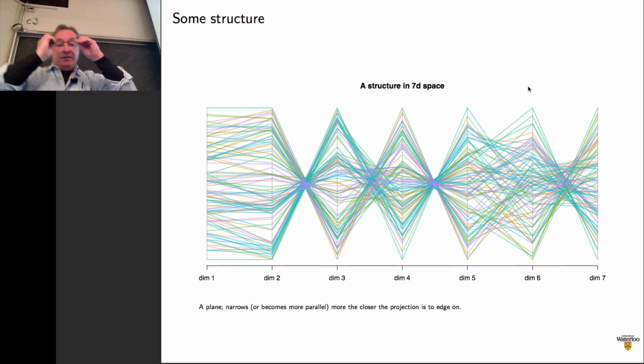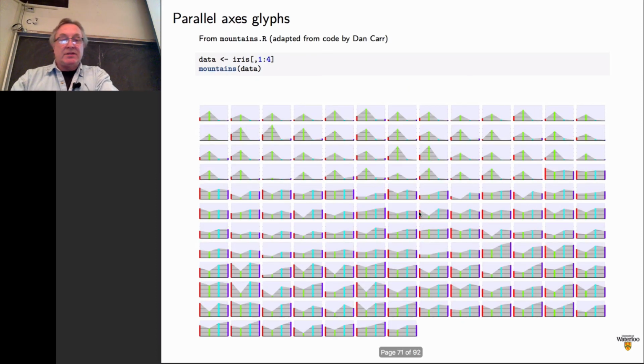Okay, so what you might do, instead of just following this curve, is fill the area underneath the curve. So each curve, instead of being a curve, looks like a little mountain range in silhouette. And so that suggests glyphs. Here I've got this code on the website that I've adapted from some code from a friend of mine, Dan Carr, and it calls these mountains.